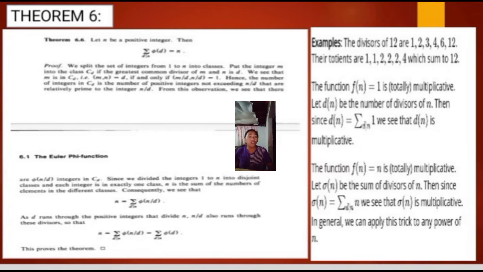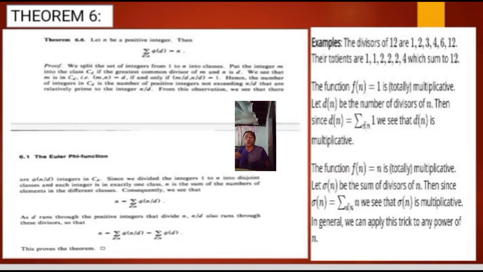The divisors of 12 are 1, 2, 3, 4, 6, and 12. The values of phi at these divisors are 1, 1, 2, 2, 2, and 4, which sum up to 12, because 1 plus 1 is 2, 2 plus 2 is 4, 4 plus 2 is 6, 6 plus 2 is 8, and 8 plus 4 is 12.